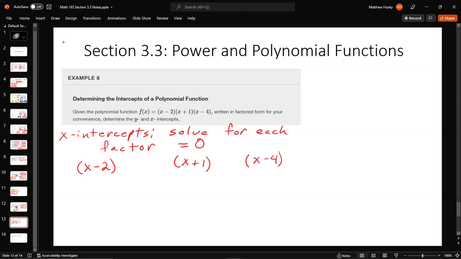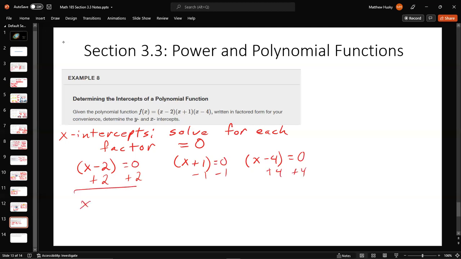You've got each of the different factors in parentheses all by themselves. And what you do is you make a little equation where each factor equals 0. And the reason you do that is because if you're multiplying stuff and get 0, that means that one of those has to be 0. And this will let you find x values. That will be the x-intercepts.